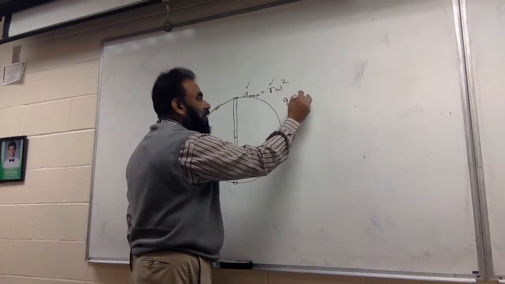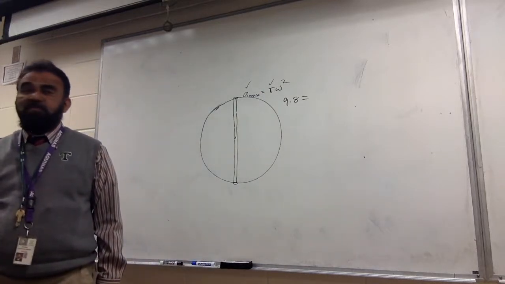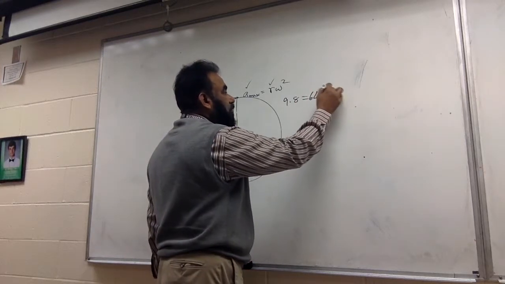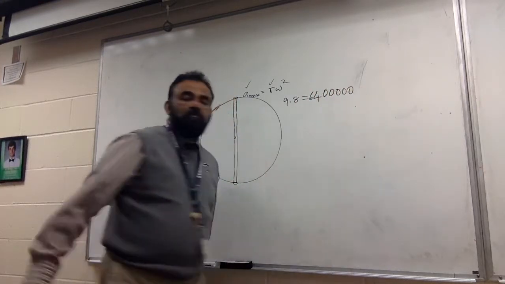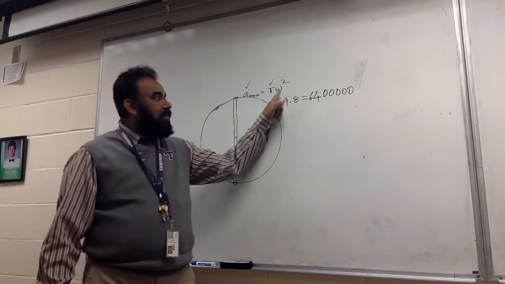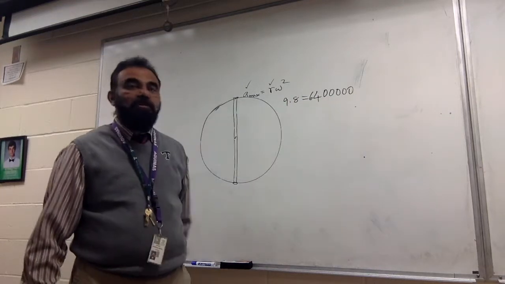So 9.8 is equal to r omega square. R is the amplitude, which is 4,000 miles. We don't want miles, we want it in meters. So 6,400 kilometers, this is the amplitude in meters.